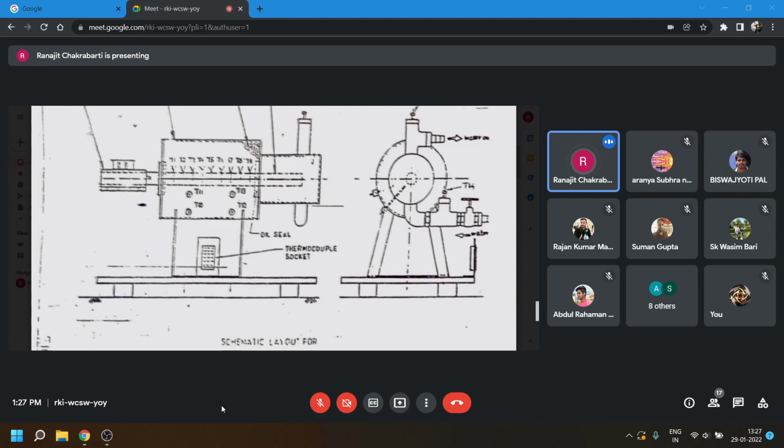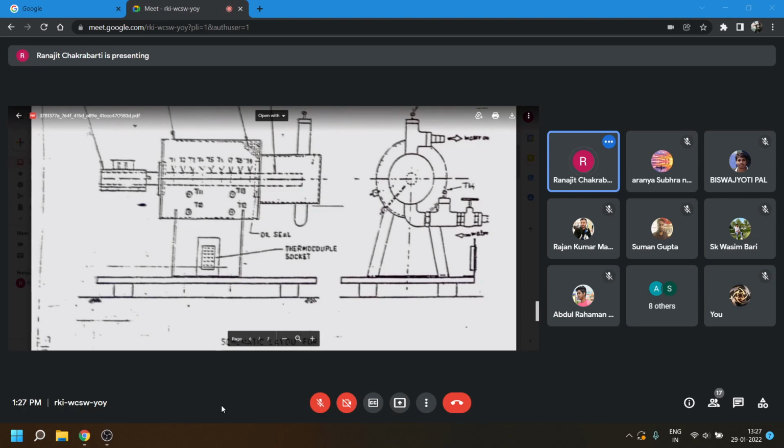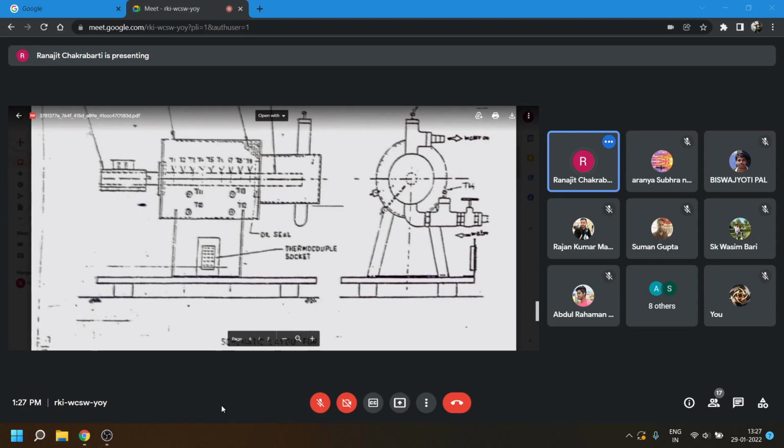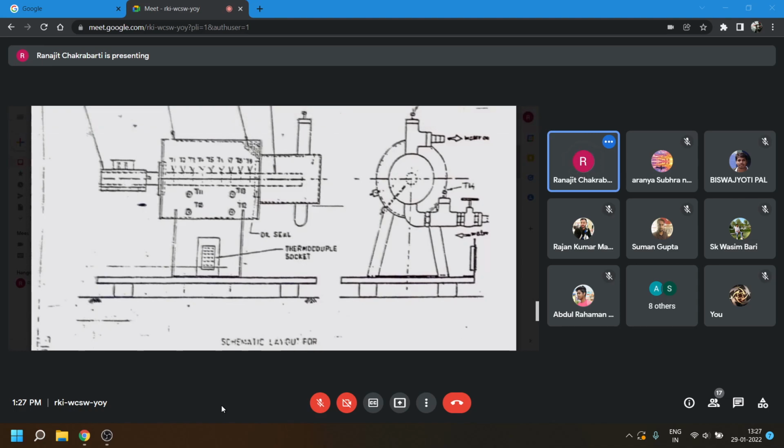So the rod is concentric. The cylindrical metal rod is concentric with the shell. One end of the rod is coming out. This end is covered with an electrical heater. It is heated.